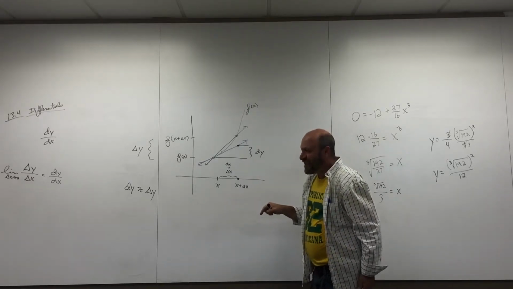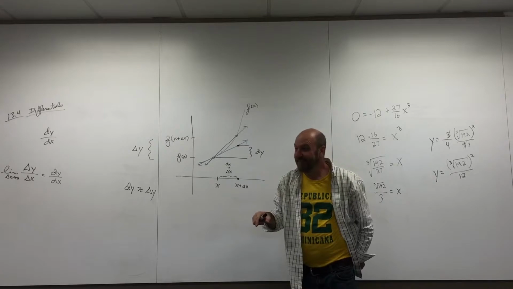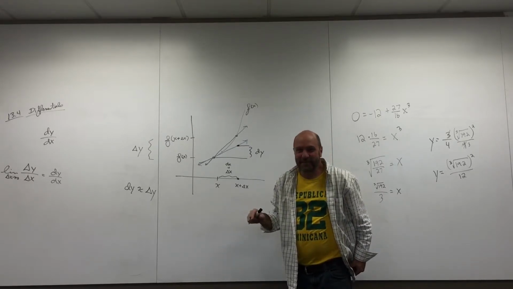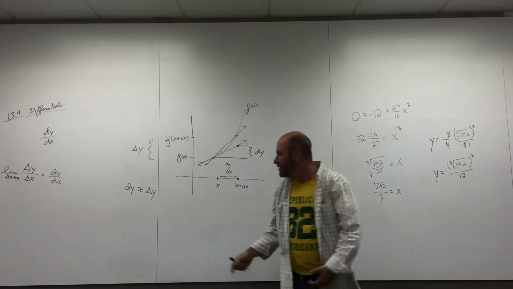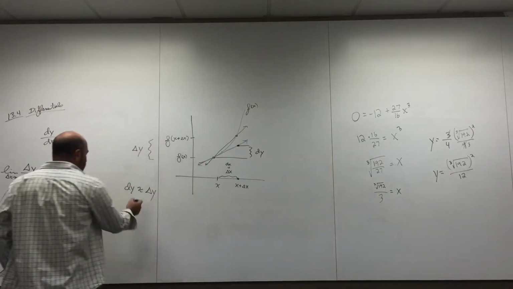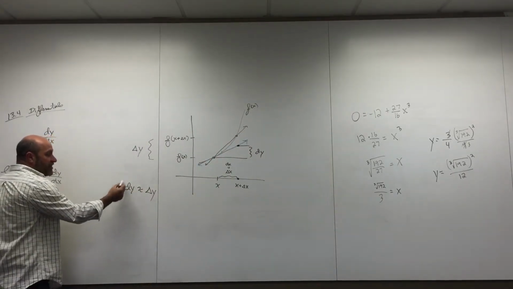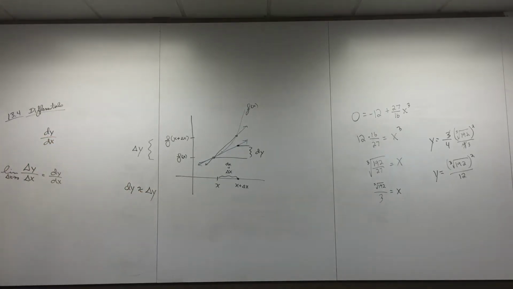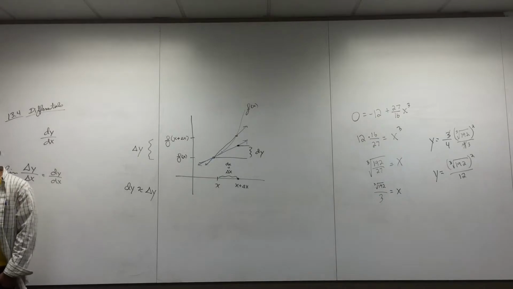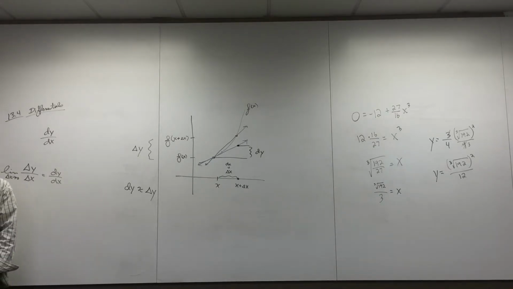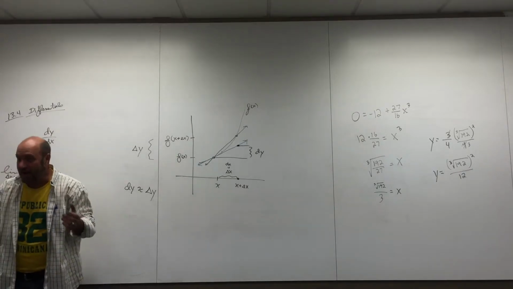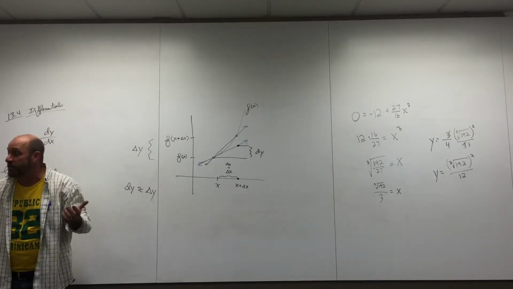Anyway, did you ever have that discussion before? And then we would play some games where you would try to use the differential dy as an approximation for delta y. Well, anyway, I'm in chapter 13, in calculus 3, and I'm trying to do this same thing in 3 dimensions.